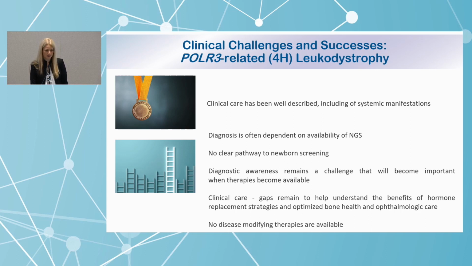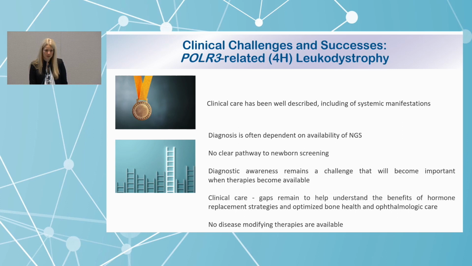The clinical care has been relatively well described, but there is still work to do to understand, for example, the benefit of hormone replacement therapy for patients with hormone deficiencies, and to optimize bone health versus potential side effects. Same for the ophthalmological manifestation, which is most commonly myopia.